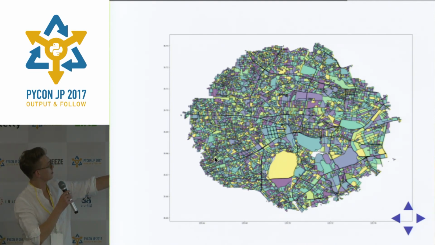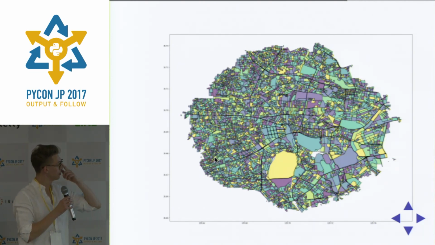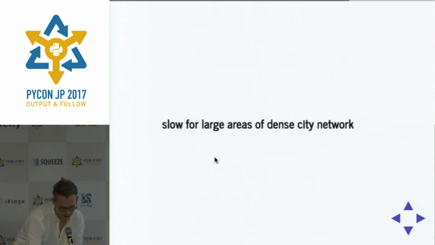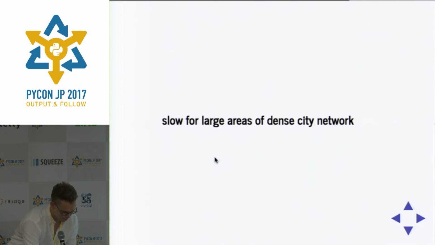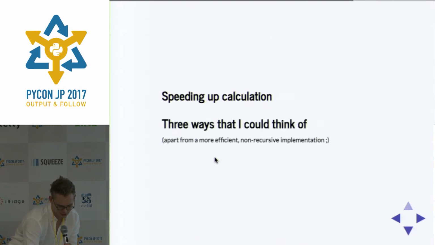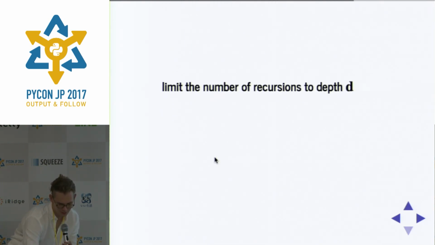This graph here has around 7,000 city blocks. So, I mean, it runs relatively fast, but it could definitely be made faster. I also have a part of my talk where I talk about how I sped up the calculation, but I'm just going to skip over that fairly quickly.